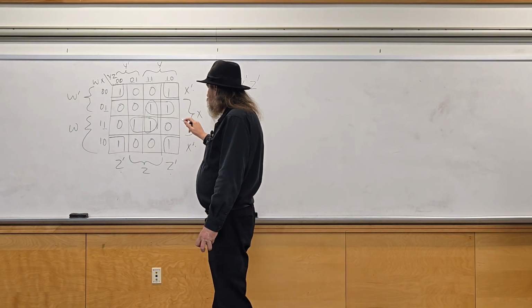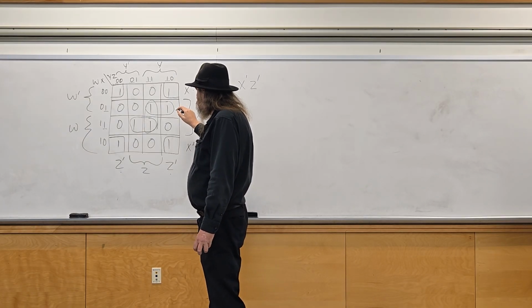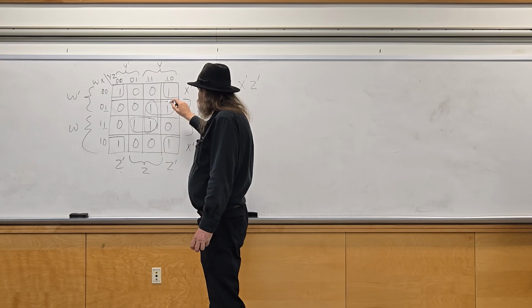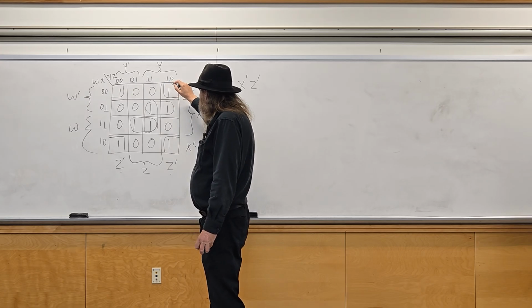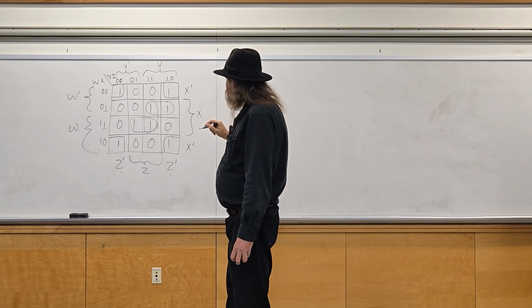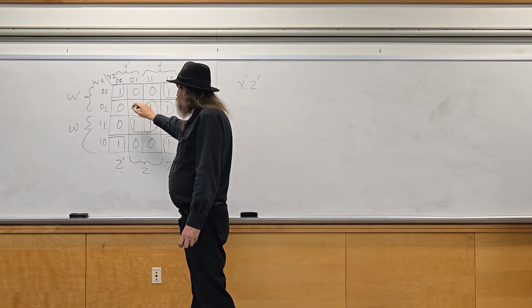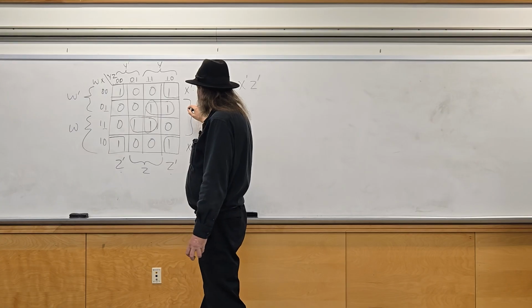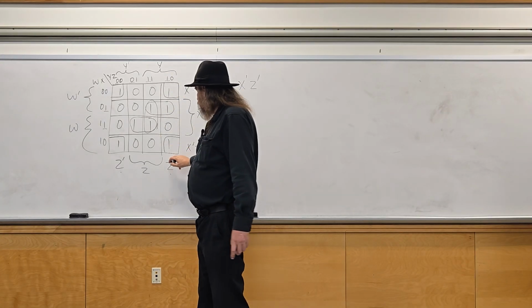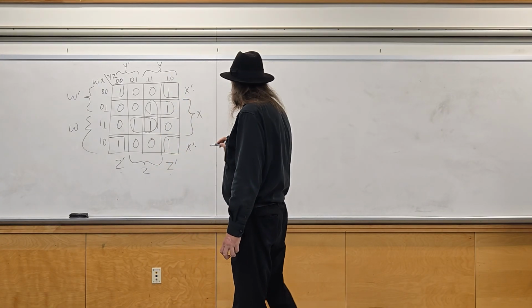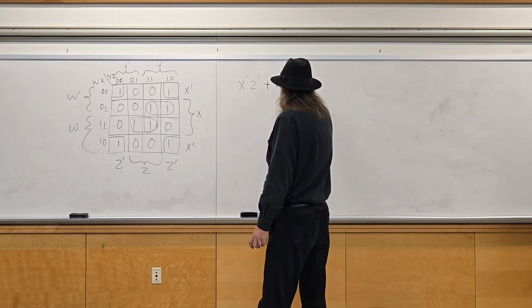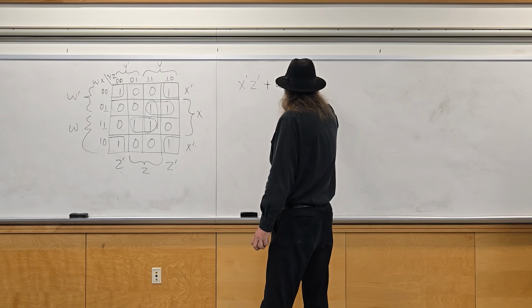Then you have x and y and w prime, because they're all in the w prime, they're all in the x, and they're all in the y. Z and z prime don't matter. So plus w prime x y.